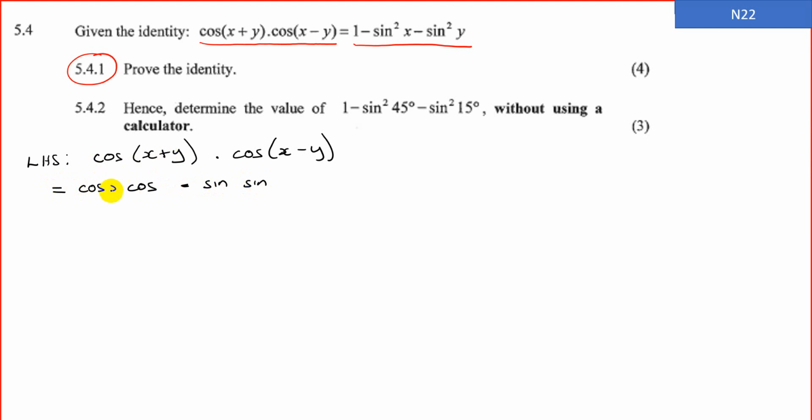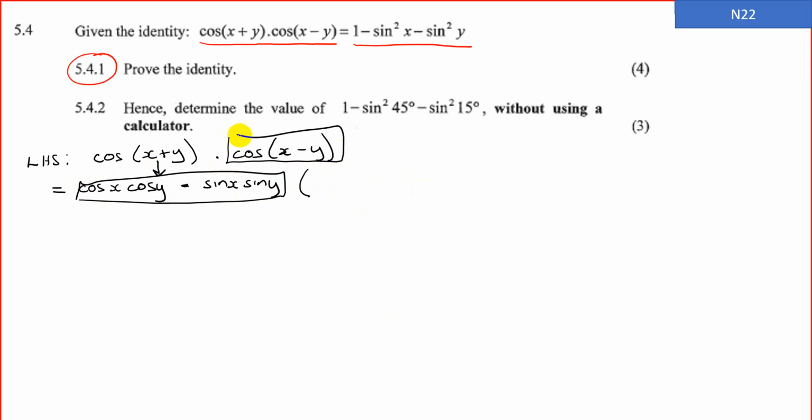And the angles involved are x, y. So there we have our first one, that is derived from cos(x + y). In the same way, and remember we are multiplying, we now will expand the second one.